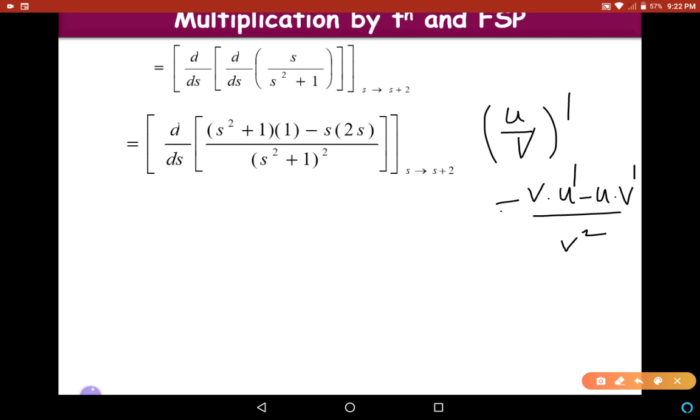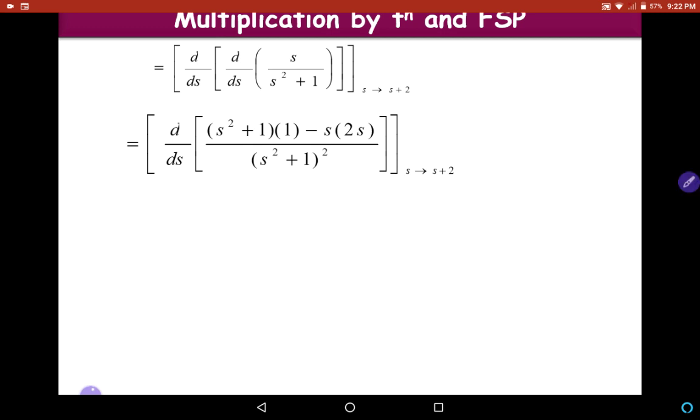So applying this formula, we get s square plus 1 into derivative of u, that is s, which is 1, minus u, which is s, into v dash, that is the derivative of s square plus 1, which is 2s, by v square, which is s square plus 1 whole square, where s is replaced with s plus 2.